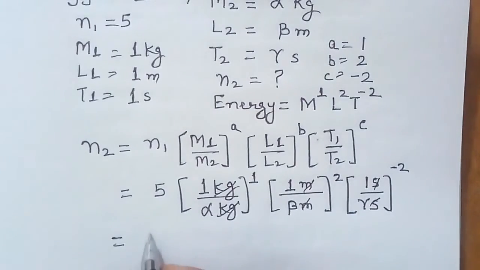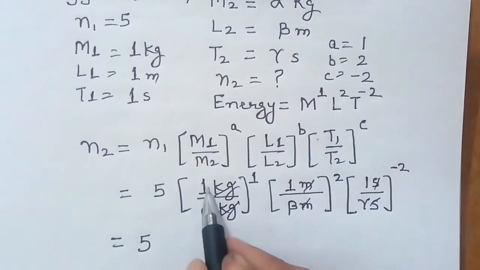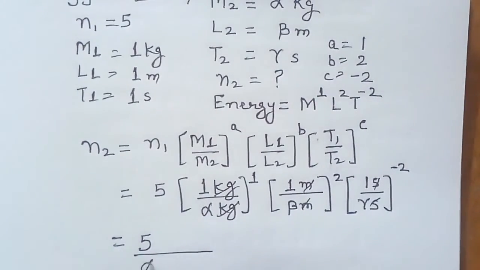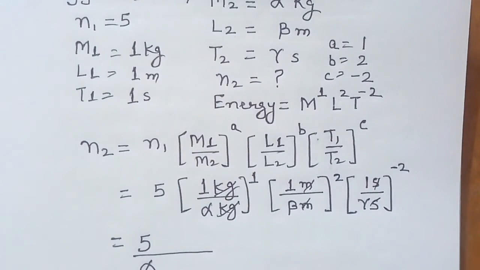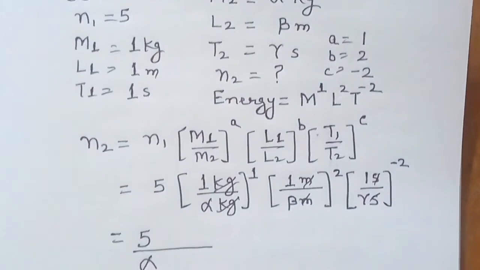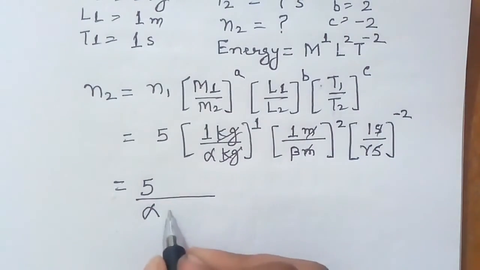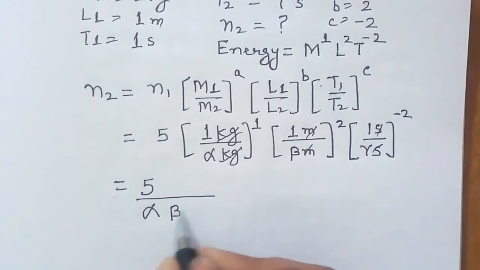Now it becomes 5. 1 to the power 1 means 1, and alpha to the power 1 means alpha in the denominator. Again 1 to the power 2 is 1, and beta to the power 2 is there, and when it goes in the numerator that becomes beta to the power minus 2, so we take it in the denominator, beta to the power 2.